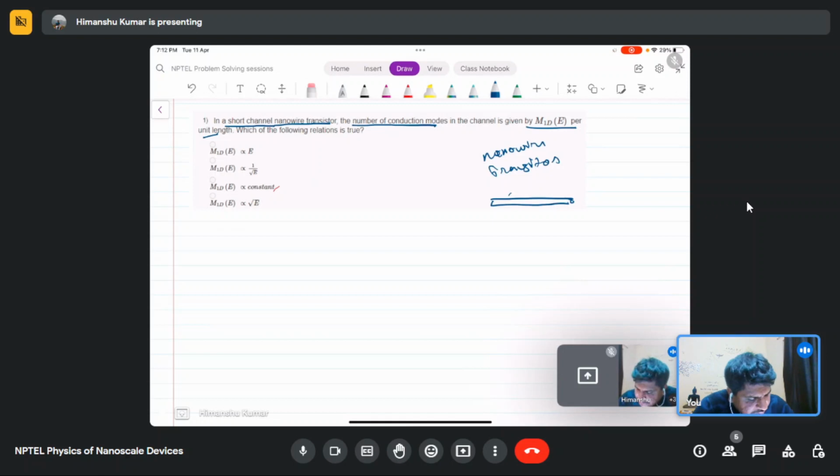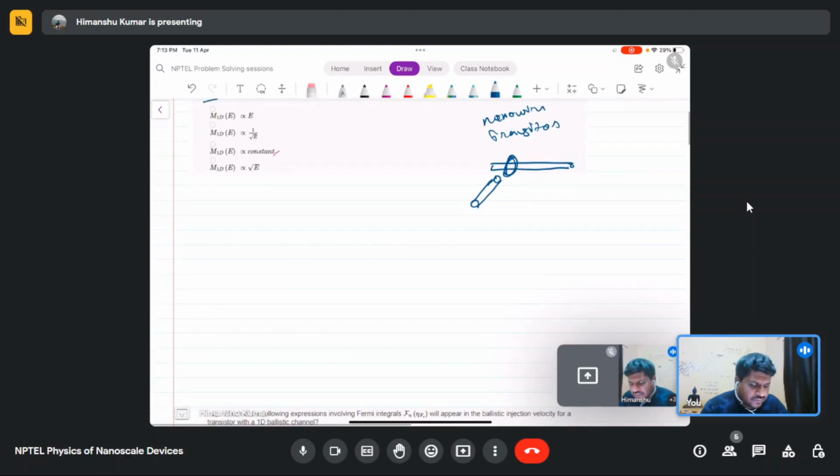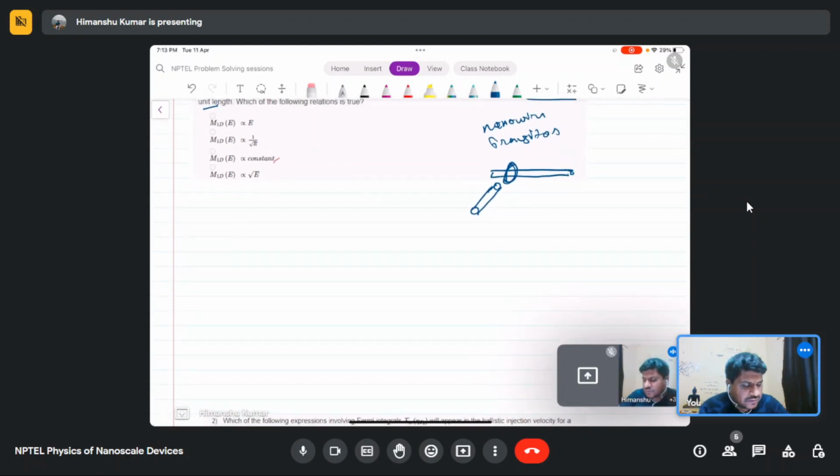In the other dimensions it is very thin, or you can say the quantum confinement is there in those dimensions, and free movement is there along one direction only.